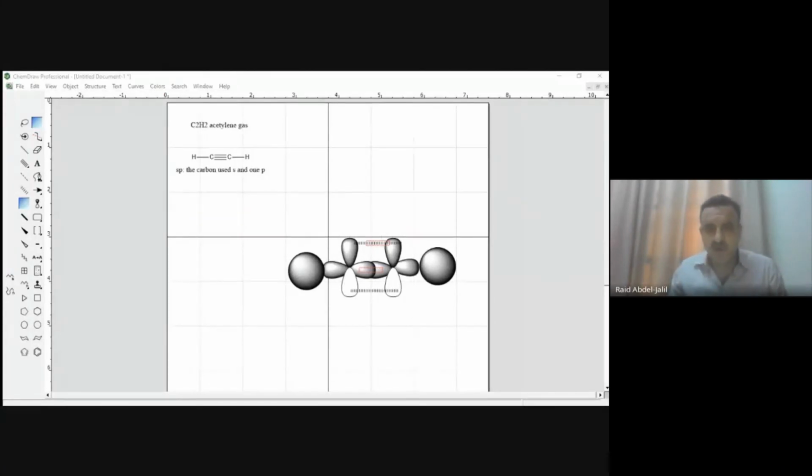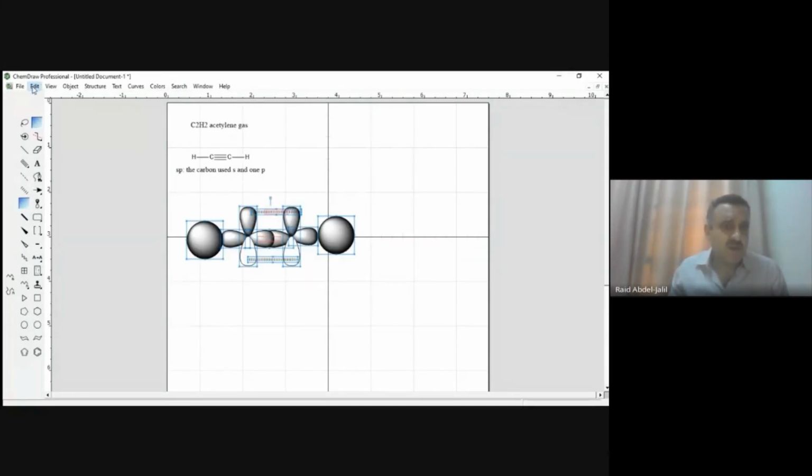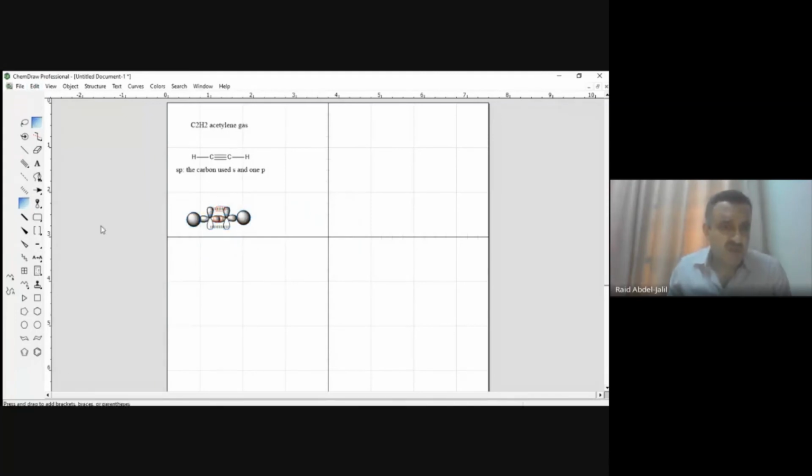Now, if you want to see the third one, I'm just going to try to draw it for you. Because it's three-dimensional, you have to remember that we cannot draw it other than, for example, here it will be like this. It will be perpendicular.